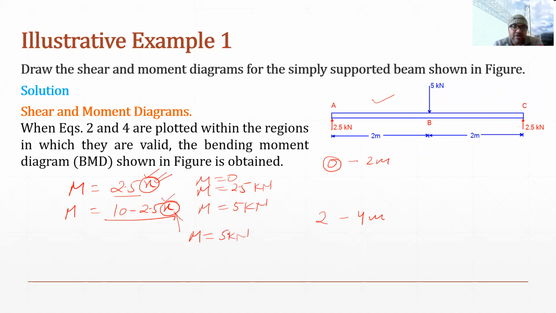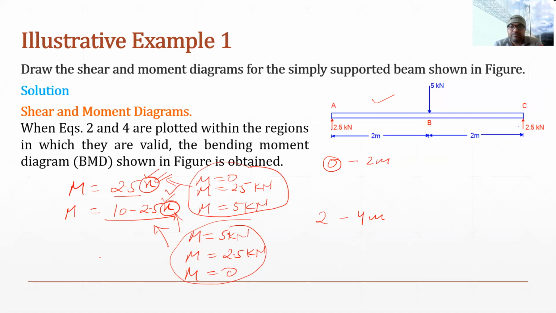Similarly, in this equation, if I put x as 3, it will be 2.5 kilonewton. If I put x as 4, m equals 2.5 into 4, 10, so it will be 0. So this is the result for this equation, and this is the result for this equation.